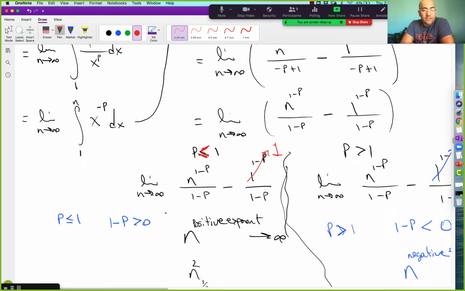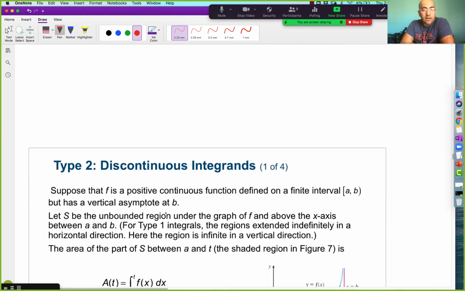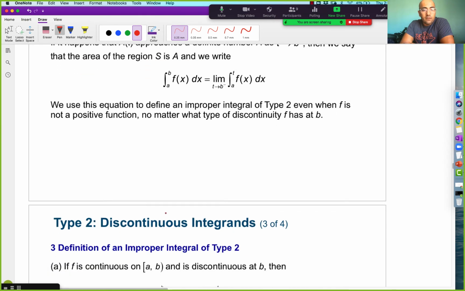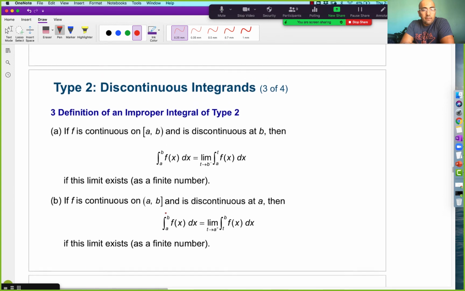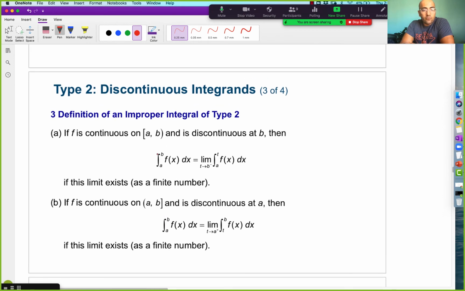But as a caution, these other types of problems are not always easy to spot because the original integral might look innocent, like there's nothing wrong, but it's going to be up to you to realize that there is a vertical asymptote, right? There is a place where this function is undefined, and that vertical asymptote is somewhere in this little domain from a to b.